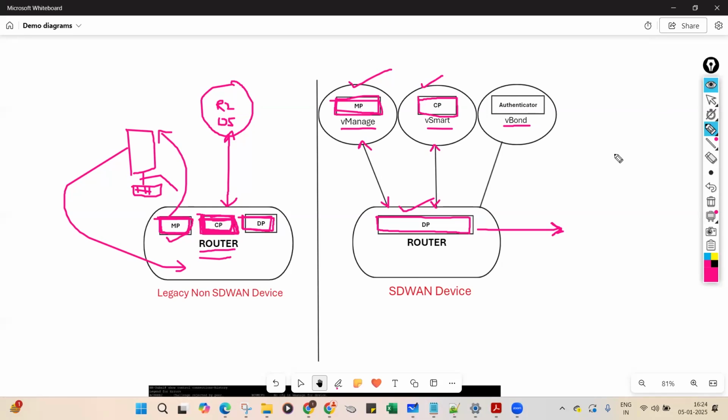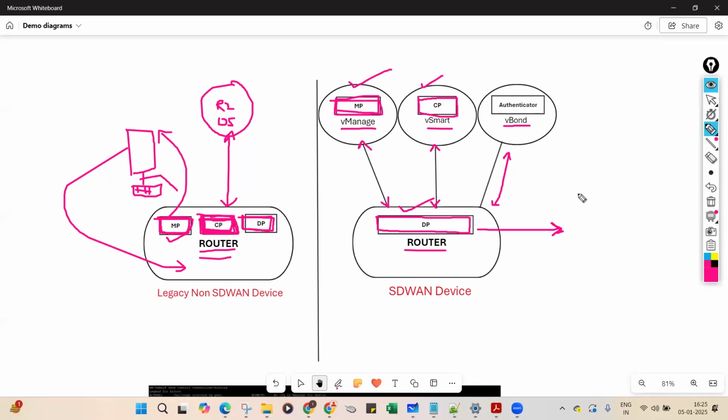Now, for the router to reach the vBond, it should have some sort of configuration. It should know how and where to reach vBond. So there are three ways in which the router can reach the vBond.